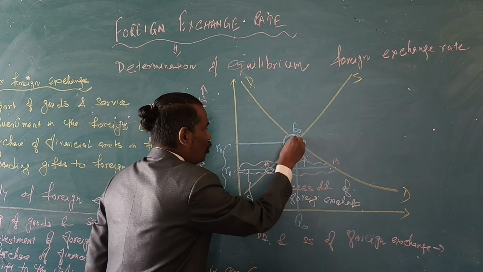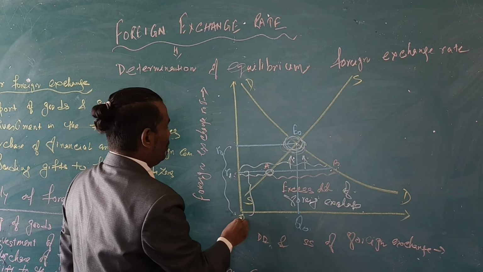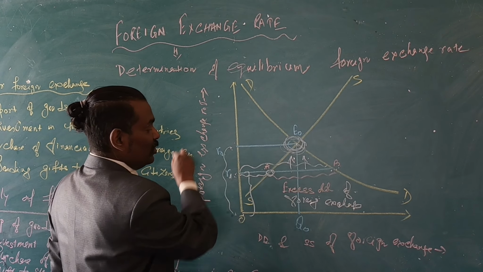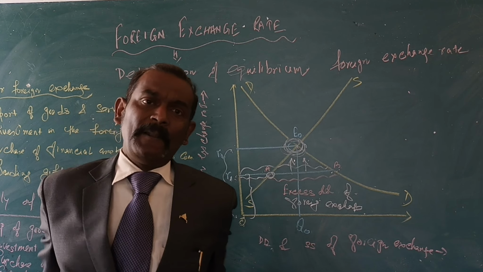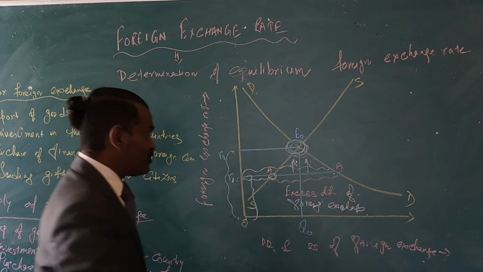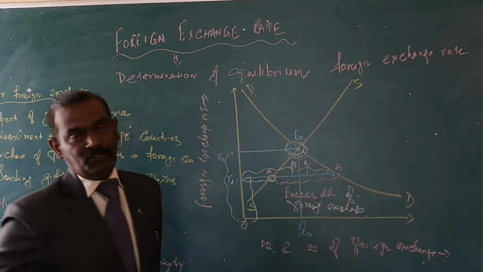At E0, we can see that the equilibrium exchange rate is OR0 and the equilibrium demand and supply of foreign exchange is OU0.